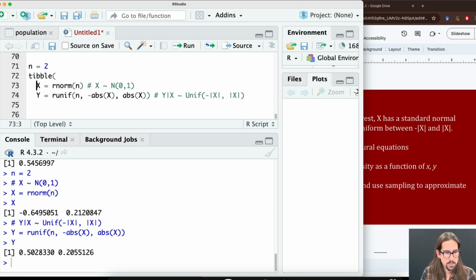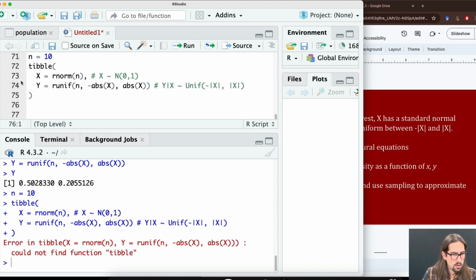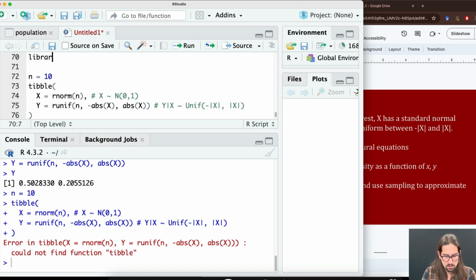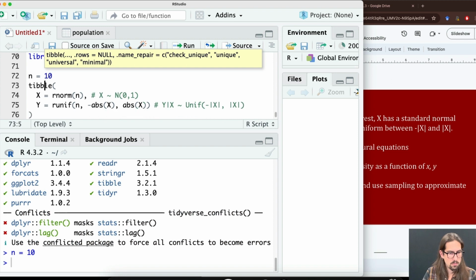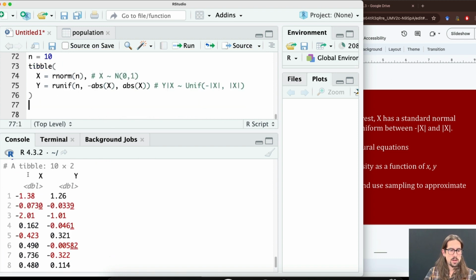I just say, okay, drop that stuff in a data frame. Let's say -10. Well, I need to load tidyverse first, don't I? There we go. So this is my sample from the population.